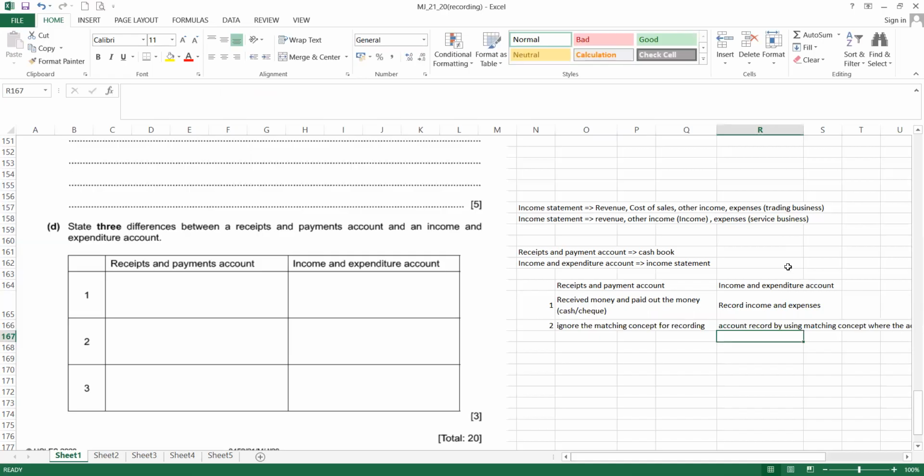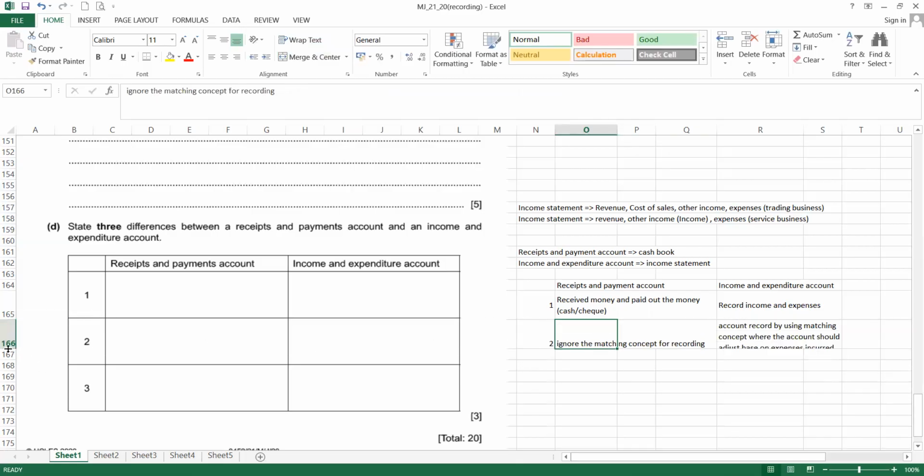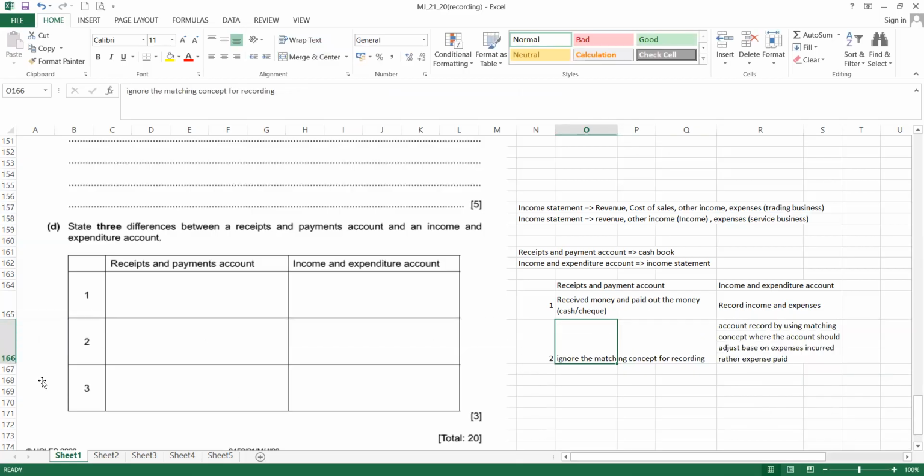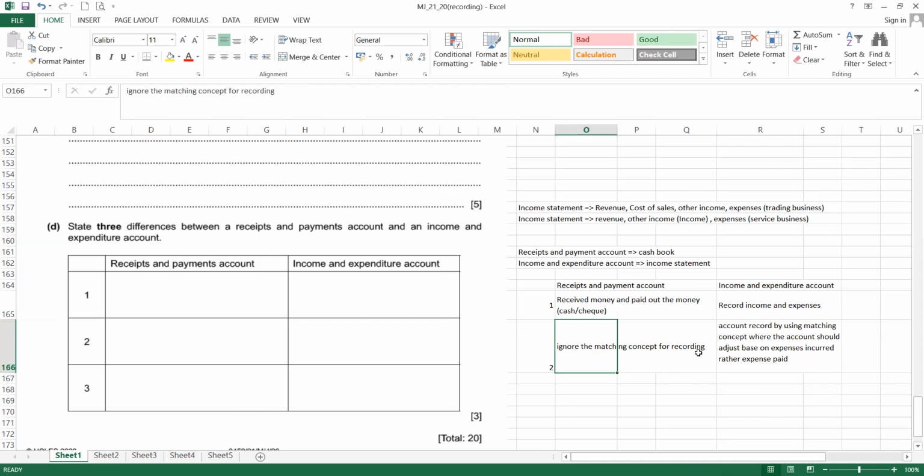So that is trying to emphasize the difference between the receipt or the cash book compared with the income and expenditure. So this one is based on the actual receipt.